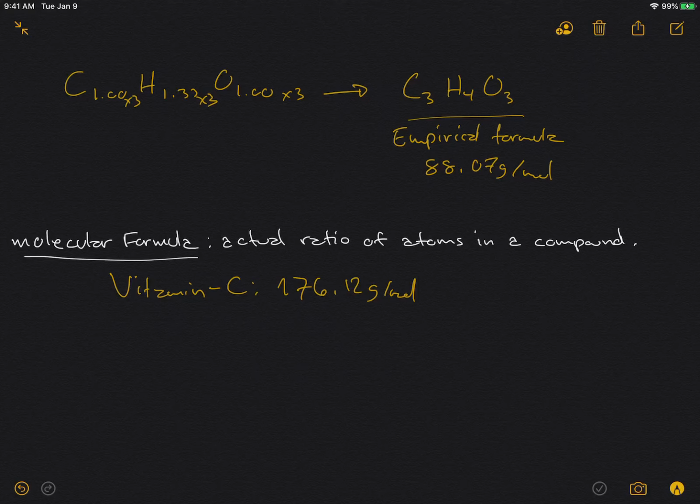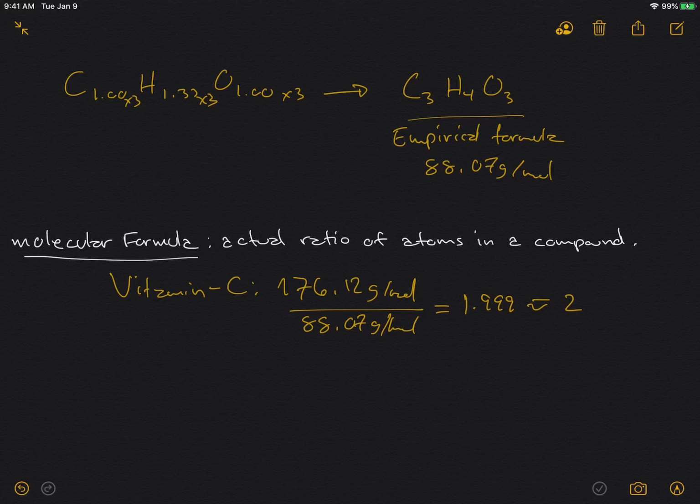And so the way to find out how many empirical formulas you have in the molecular formula is to divide the molecular formula's molar mass by the empirical formula's molar mass. So divide 176 by 88, and you get a factor of 2. So it's 1.999. So let's call that 2.